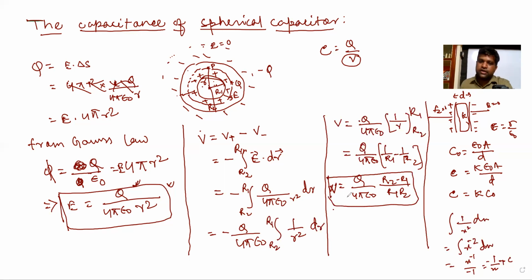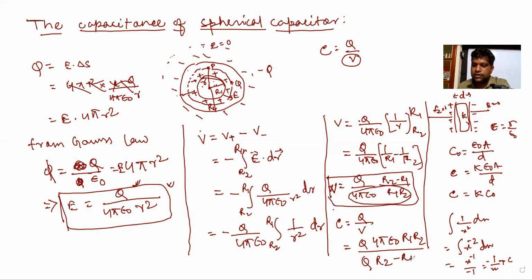Now I'm interested in calculating the capacitance. So how can I do that? C is equal to Q upon V, and since V is in the denominator, these terms will go up. So I can write this as Q times 4 pi epsilon naught R1 R2, and in the denominator it will be Q times R2 minus R1.